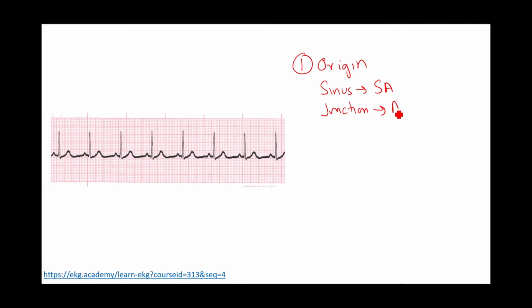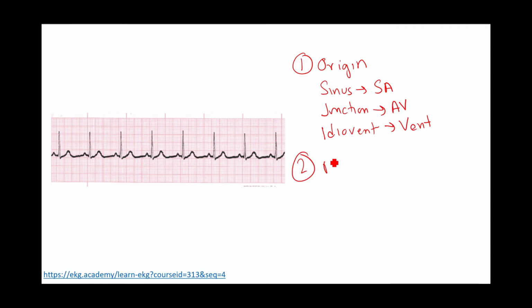Meaning it's starting at the AV junction or around the AV junction? Or is it a ventricular or idioventricular rhythm? Meaning it's starting at or within the ventricles? There are several other origins that can result in different rhythms of the heart, but these are the three main ones you'll encounter and the three main ones we're going to focus on in this video.